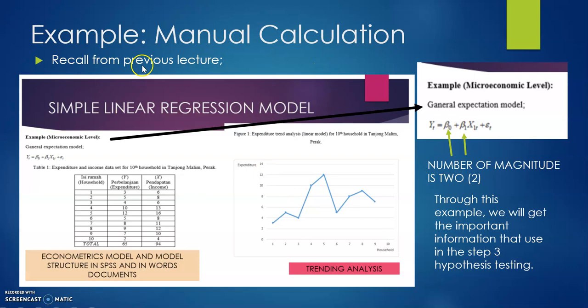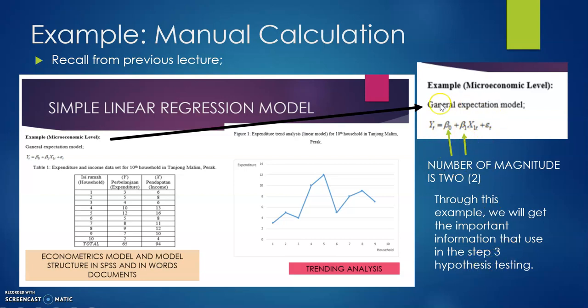Let's recall from the previous lecture. As you can see here, the previous lecture provided the general expectation model, where the number of magnitudes here is 2, which are beta 0 and beta 1. Through this example, we will get the important information used in step 3 of hypothesis testing.